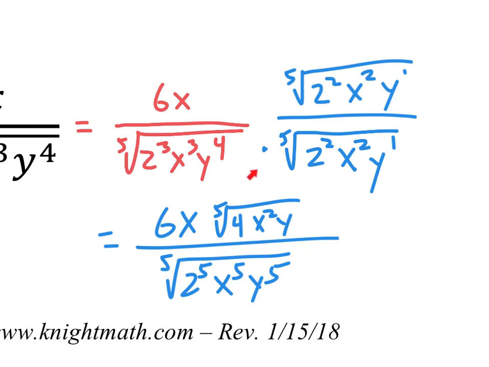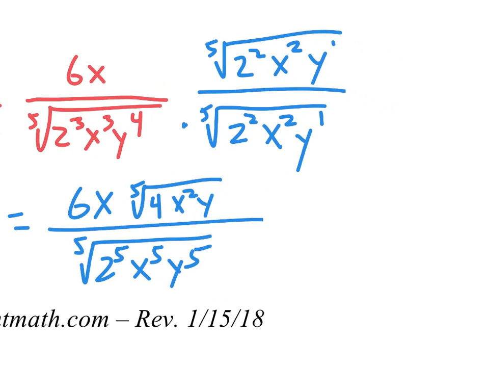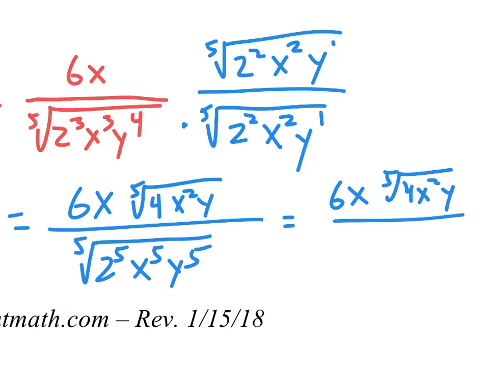Because we're multiplying these, so we add the exponents. 4 plus 1, 5. Okay? And notice these are all the fifth root of a bunch of fifth powers. They all cancel. 6x times the fifth root of 4x squared y. And these are just 2xy.